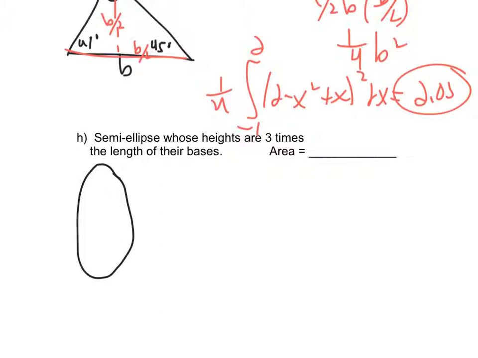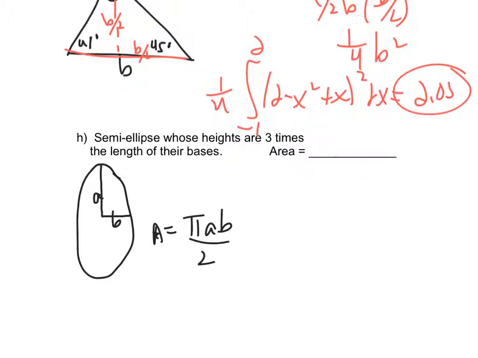So I want to just remind you of a few things. Okay, an ellipse has an A and a B value that are a distance from the center. Okay, the formula for the area of an ellipse is going to be pi a b. Okay, the other thing you should notice is if it's a semi-ellipse, that means half of an ellipse.